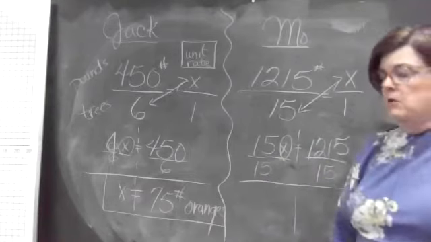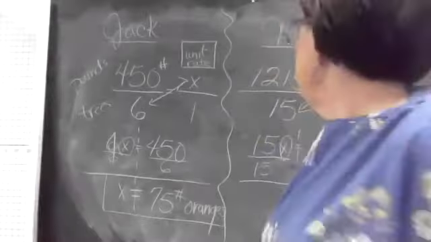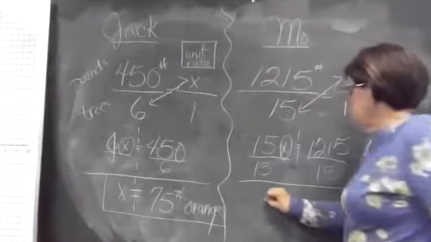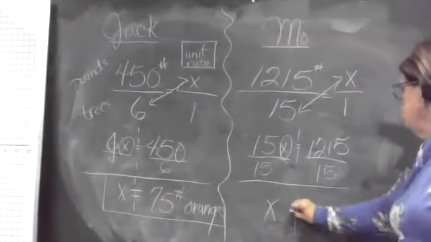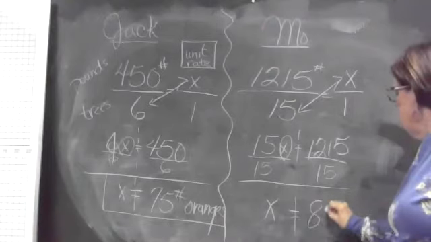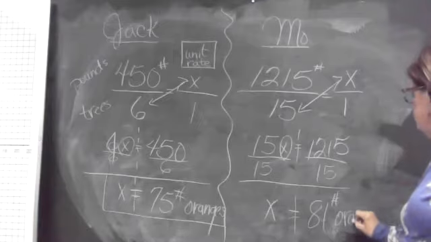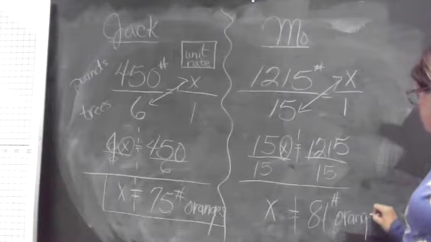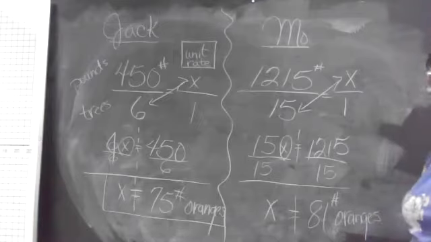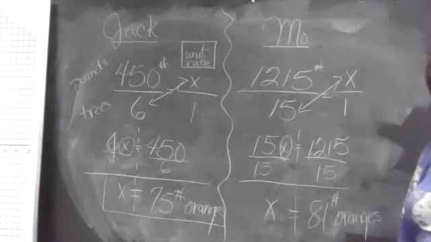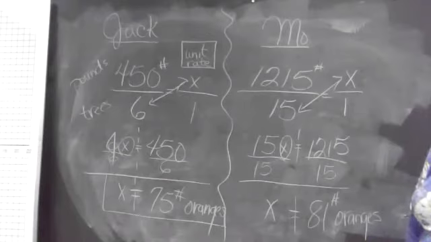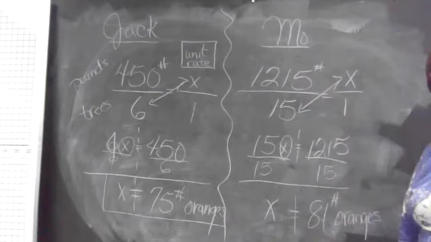So Mo has 81 pounds of oranges. Be sure and use your units because it's a word problem. Now it says who has the better yield? Who gets more oranges off their trees? Mo. That's how you do this.